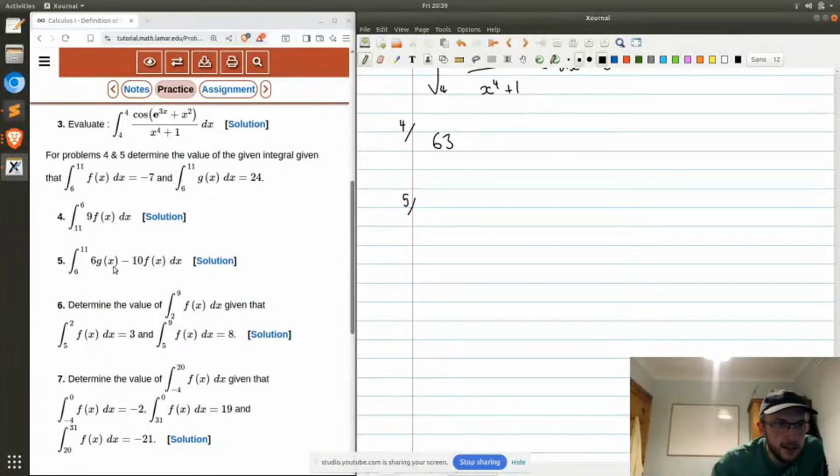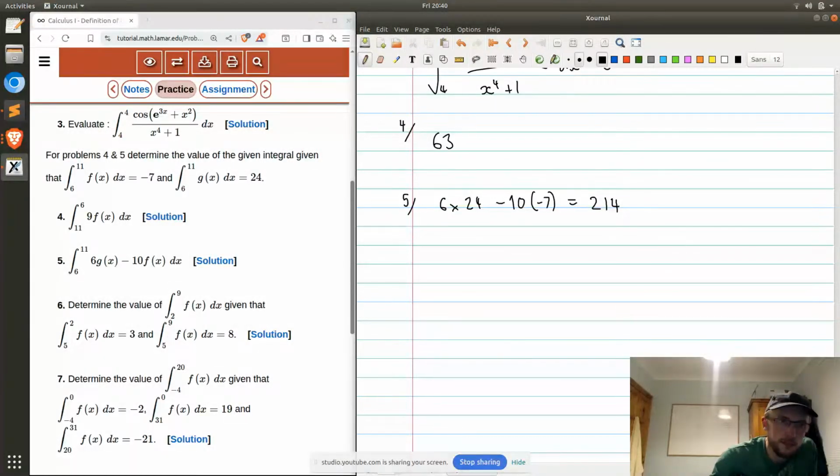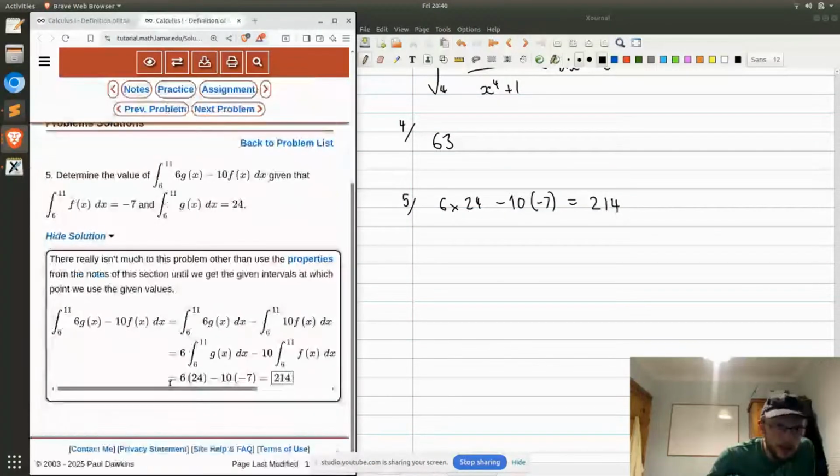And for this one here, 6 times minus 10 times minus 7. So 144 plus 70, which is 240. That's right.